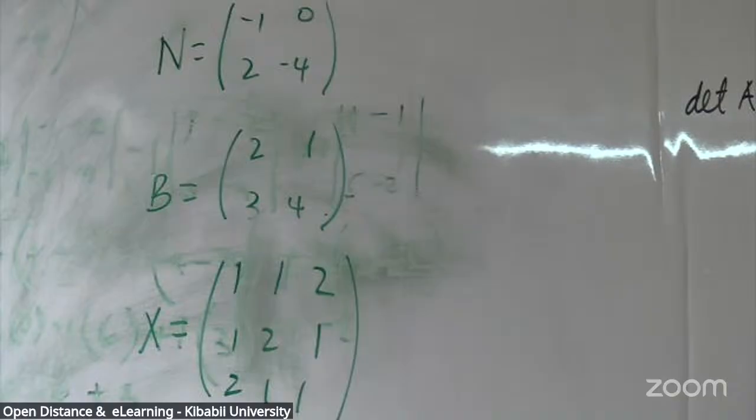Somebody's getting matrix N 4, matrix B 6. M is -3. N is 4, B is 6, that's correct. M is -3, N is 4. Good.